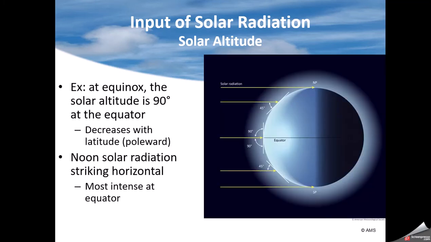But we'll talk about altitudes. And here on this picture, you can see, for example, at 40 degrees latitude, when the sun is directly at the equator, which is coming up in March, then our angle of solar radiation would be probably 40 degrees, which is about what most of our areas around this latitude are.